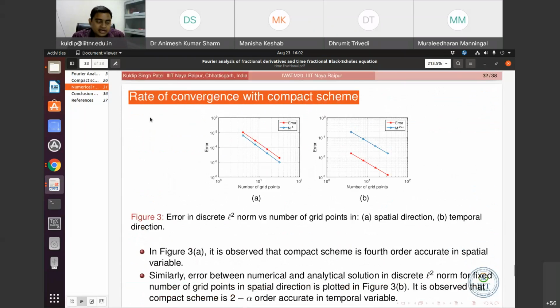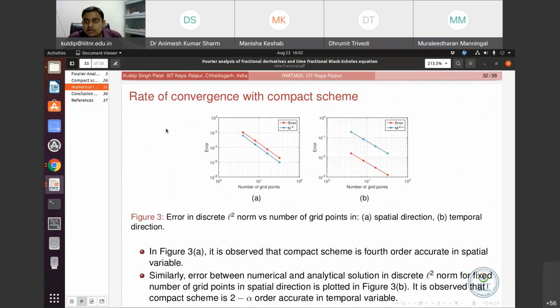Please have a look at this, the rate of convergence with the compact scheme. We are getting fourth order of accuracy in space using the compact scheme, and we are getting the same 2 minus alpha order of accuracy in the time variable for this time fractional convection diffusion equation. So this example is just to say that whatever method we have been studying, the compact scheme, is also applicable for the time fractional advection diffusion equation.